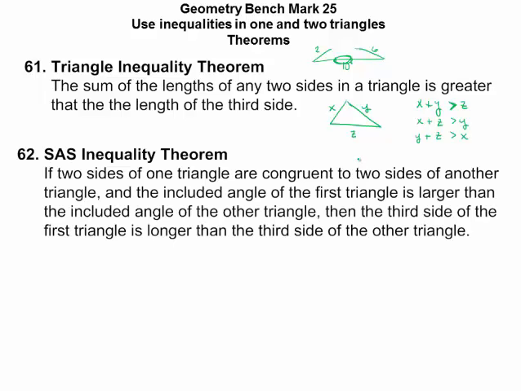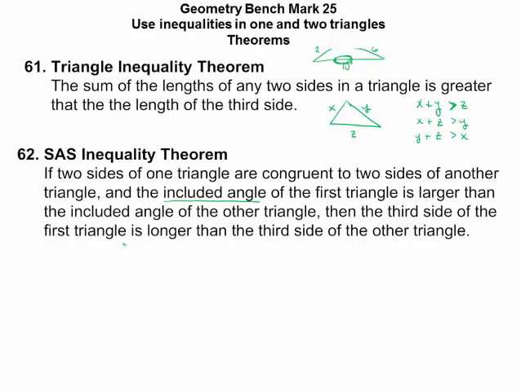We have the side angle side inequality theorem, which says if two sides of one triangle are congruent to two sides of another, and the included angle, so the angle between them, is bigger than the other triangle's, then the third side of the first is longer than the third side of the other. This is also known as the hinge theorem.